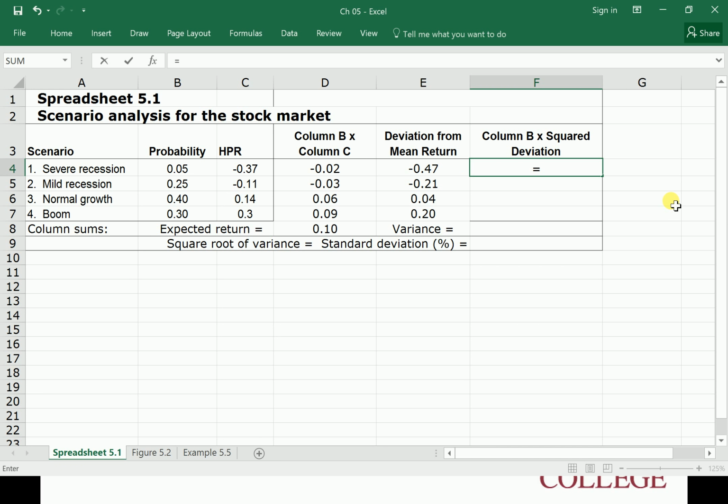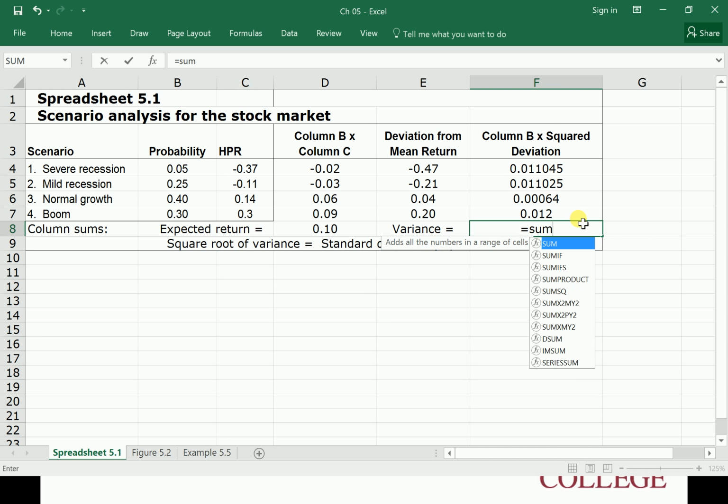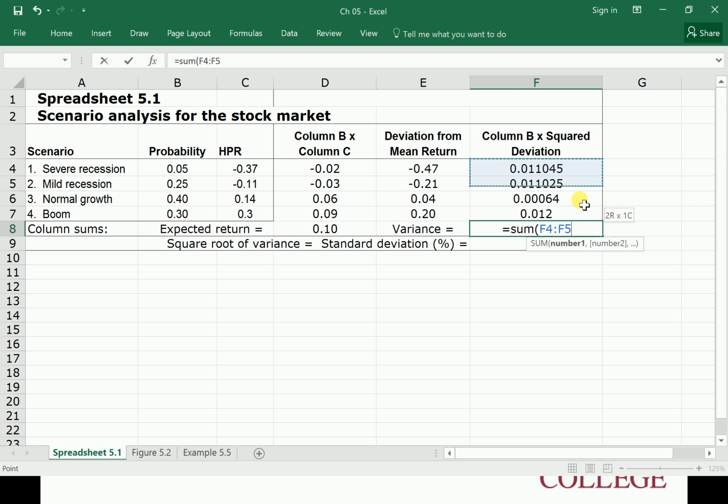So first of all, square this, and then times the probability. Okay, and copy everything. And the sum of these four again is the variance. If variance is high, then you have a higher possibility that your return is far from the mean, which may represent high volatility.